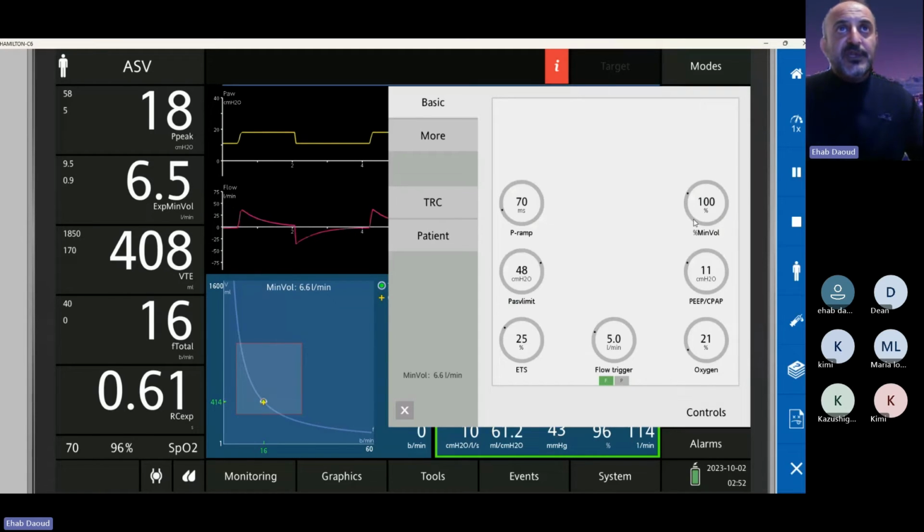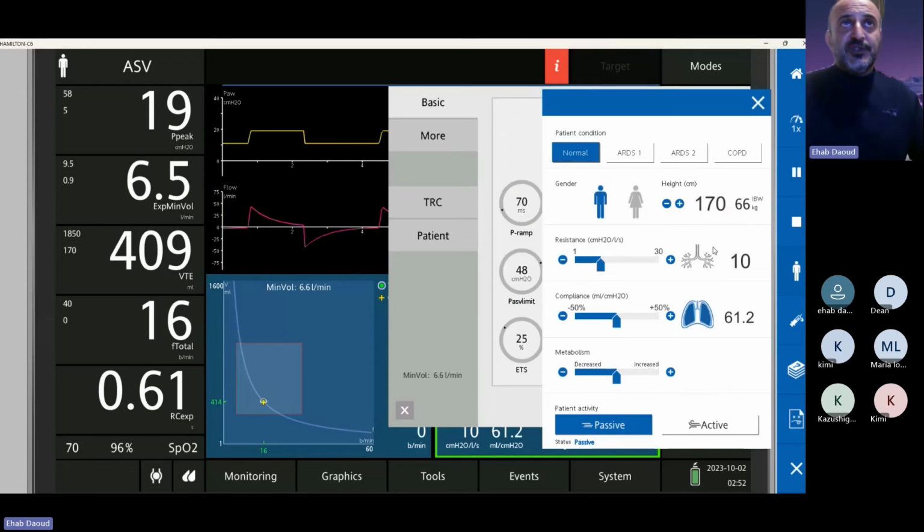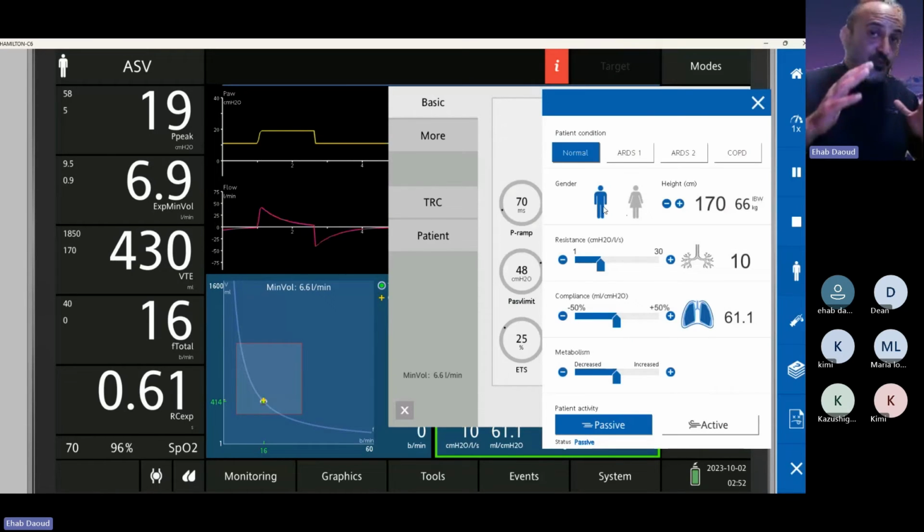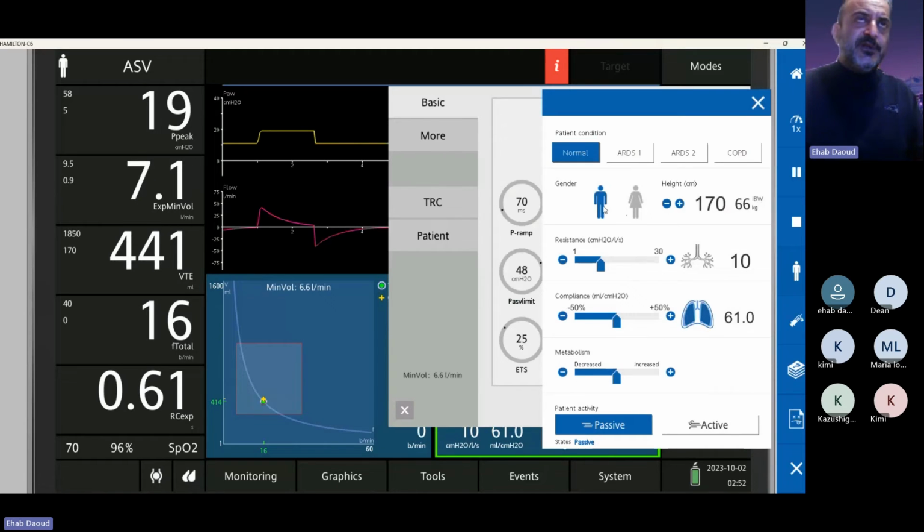We said the most important thing is the percent minute ventilation. And how are we going to do this? Before we set any of the settings, we have to choose the patient. We have to make sure that we have the right gender and the right height. It happened to me before that I saw a small, short female getting very high tidal volume, and it's like, wow.